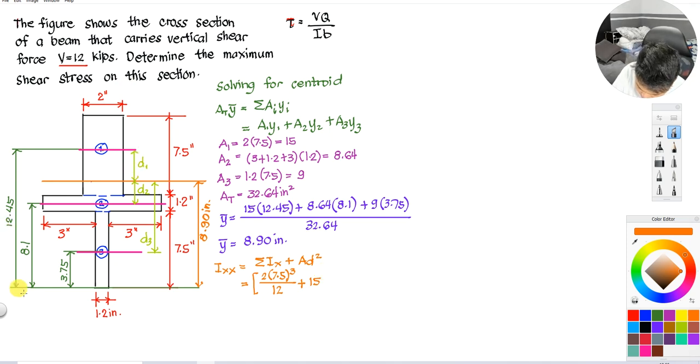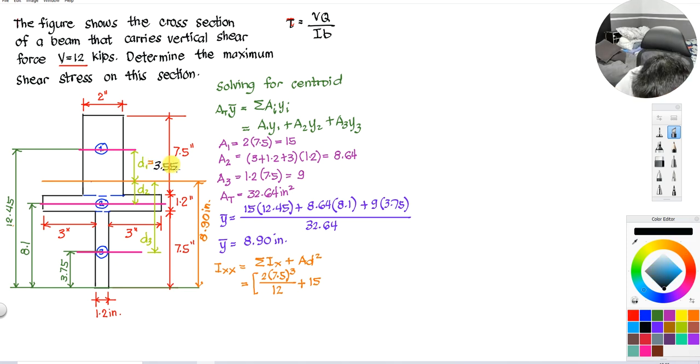Okay, alamin natin. Mula daw dito sa baba hanggang sa taas, that is 12.45. Mula baba hanggang centroid, that's 8.9. So, pag minus ko yung dalawa, iyon yung aking D1. So, ang D1 ko is 12.45 minus 8.9. So, that's 3.55. Okay?